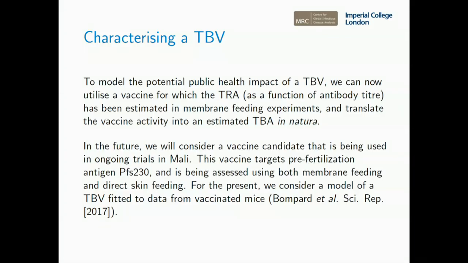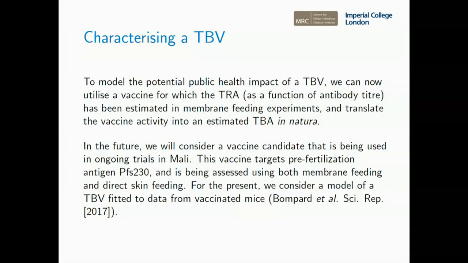So moving forward, we aim to use data from ongoing clinical trials in Mali based on a vaccine targeting antigen PFS230 that's been assessed using both membrane feeding and direct skin feeding. This is work that's been led by Patrick Duffy and others at NIH and Issaka Sagara and others in Bamako.